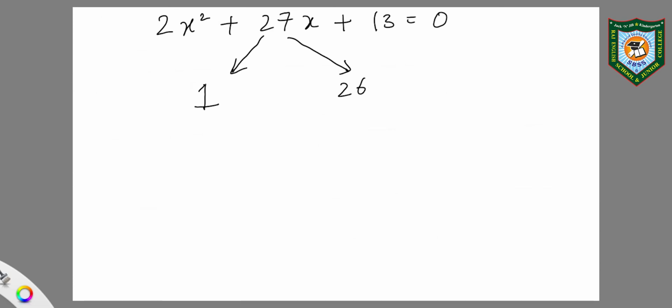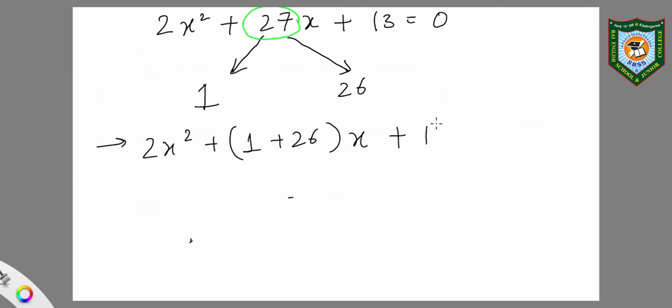Now remember, I am only splitting this coefficient. I am not splitting the x. So if I want to write 27x, I'll have to write it in this way: 2x square plus 1 plus 26 x plus 13 is equal to 0. I cannot remove the x as that is not possible mathematically.